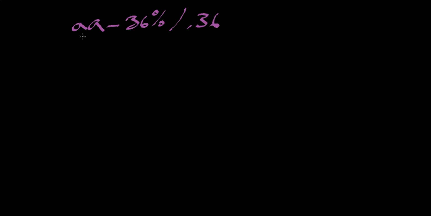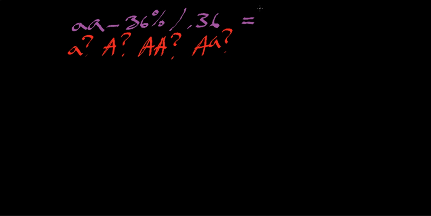So this is what we want to know: the recessive allele, the dominant allele, homozygous dominant, and heterozygous. So we know that homozygous recessive is our double a, which is also our q squared.